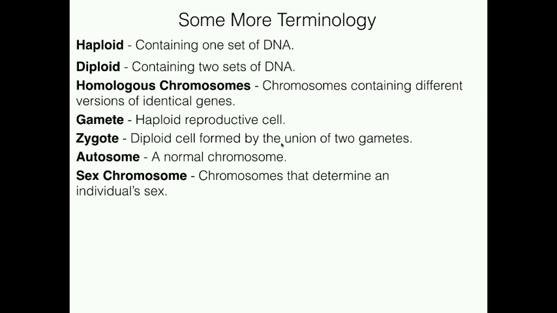So you have 2 chromosome 1, 2 chromosome 2, 2 chromosome 3, all the way up to chromosome 22. Each of those is what's called an autosome. With autosomes, the paired chromosomes are homologous. They'll have the same genes on them.